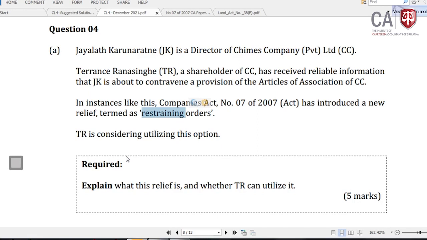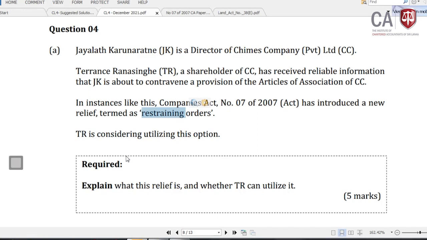Directors have been given the power to manage the company without a doubt, but their power is restricted. How is it restricted? Through the provisions in the Companies Act and through the Articles of Association.